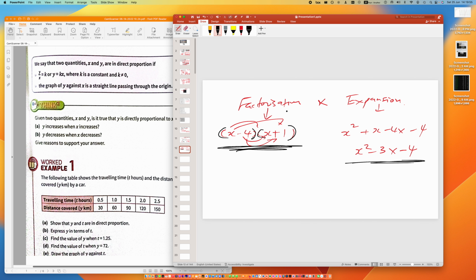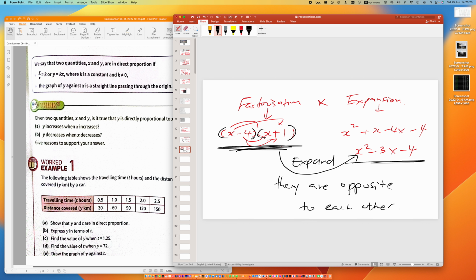And do you know what's so special about factorization and expansion? They are opposite to each other. This one, if you expand, you get this.